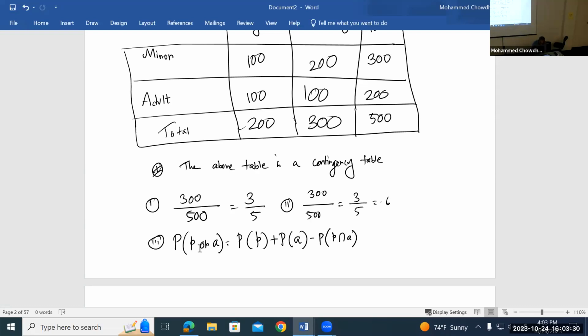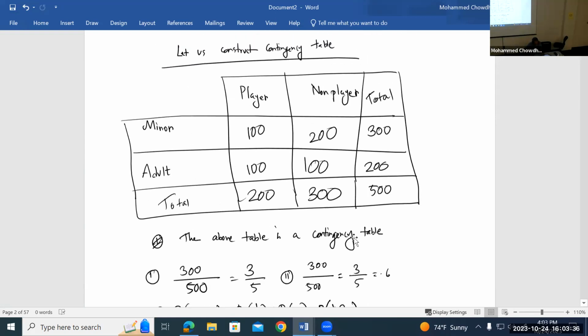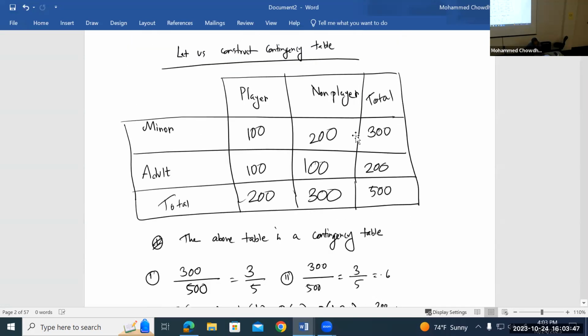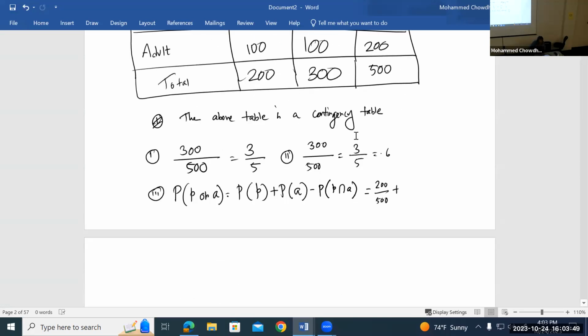Okay, now probability of player. Player equal to what? 200 over 500. Probability of adult. Adult equal to what? 200 over 500.